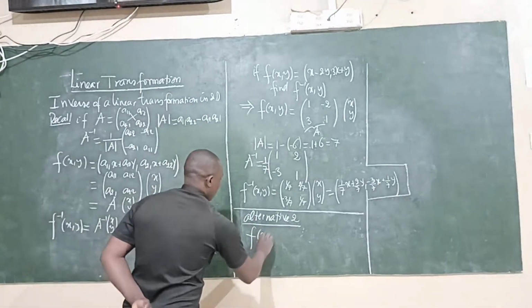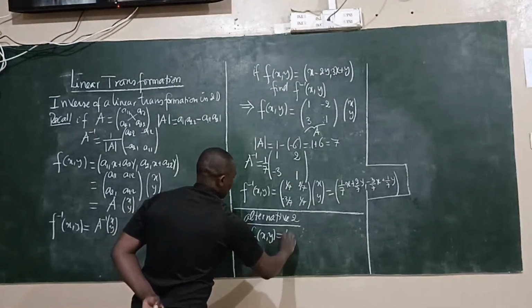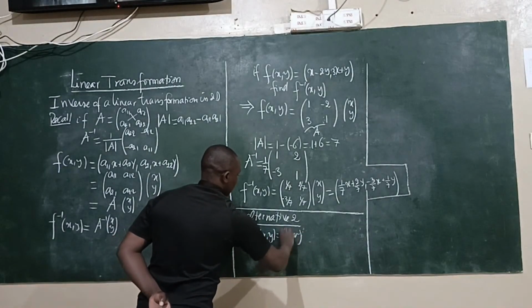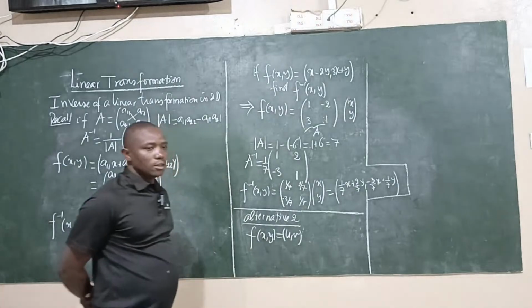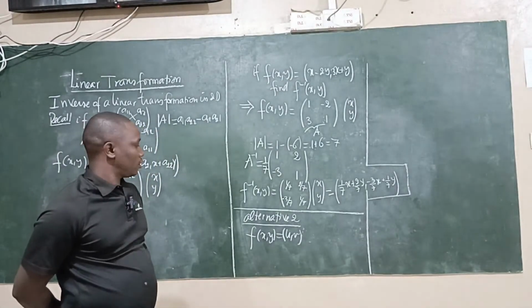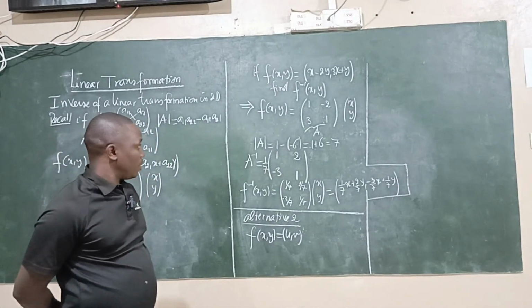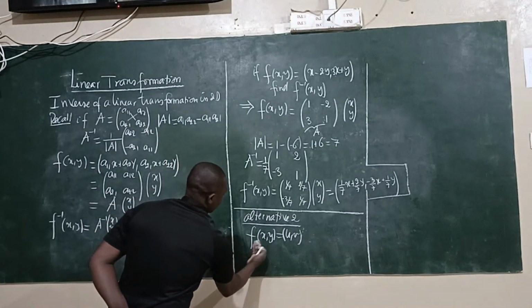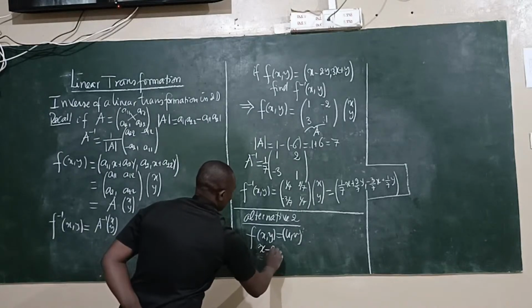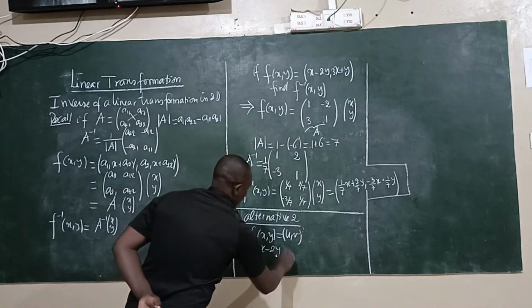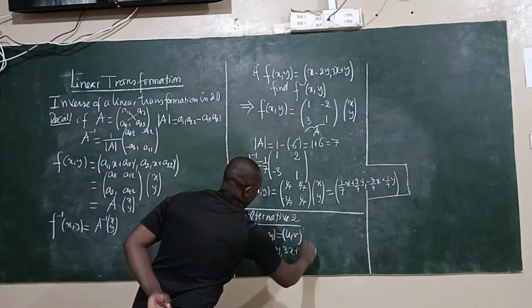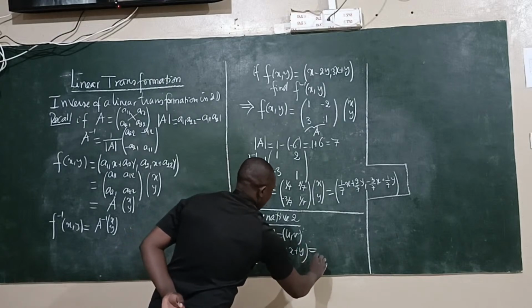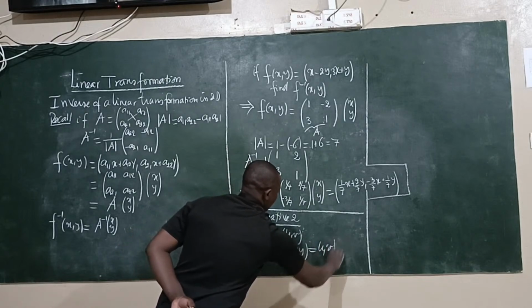We let f of xy be uv. That's it. This means x minus 2y, 3x plus y. This must be uv.